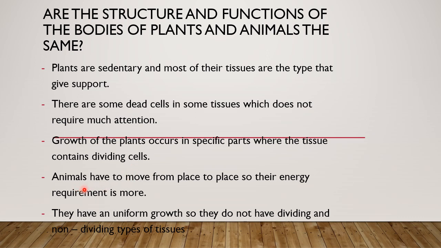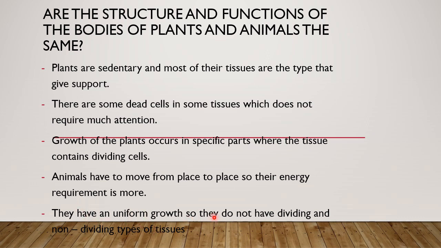Whereas animals have to move from place to place, so their energy requirement is more. They have to move for food, for shelter, and for their partners, so they require more energy. So they have a uniform growth. Uniform means, as the plant keeps on growing, we as human beings don't grow. We grow only till a particular age.